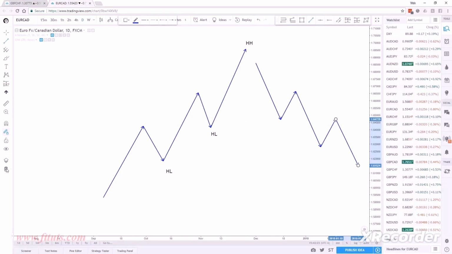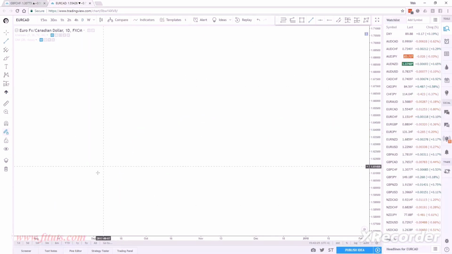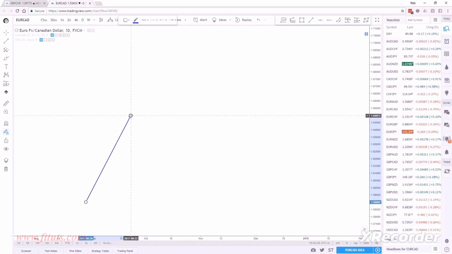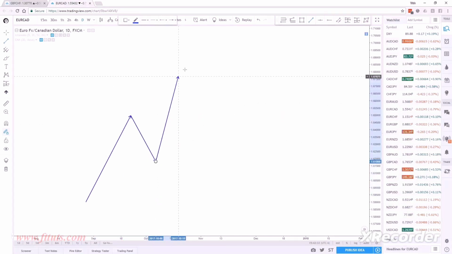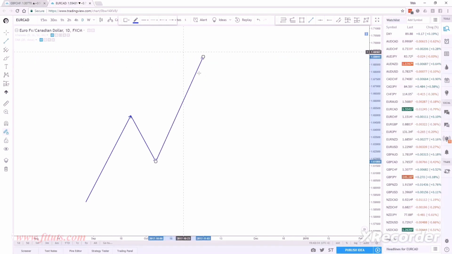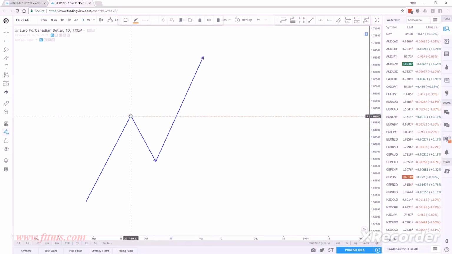So if we look at it here, in an uptrend, we have our higher high and our most recent higher low, and then we have our peak. And let's say that price reverses at this point. First thing we need to identify is our market structure of support and resistance. Our previous higher high is here.